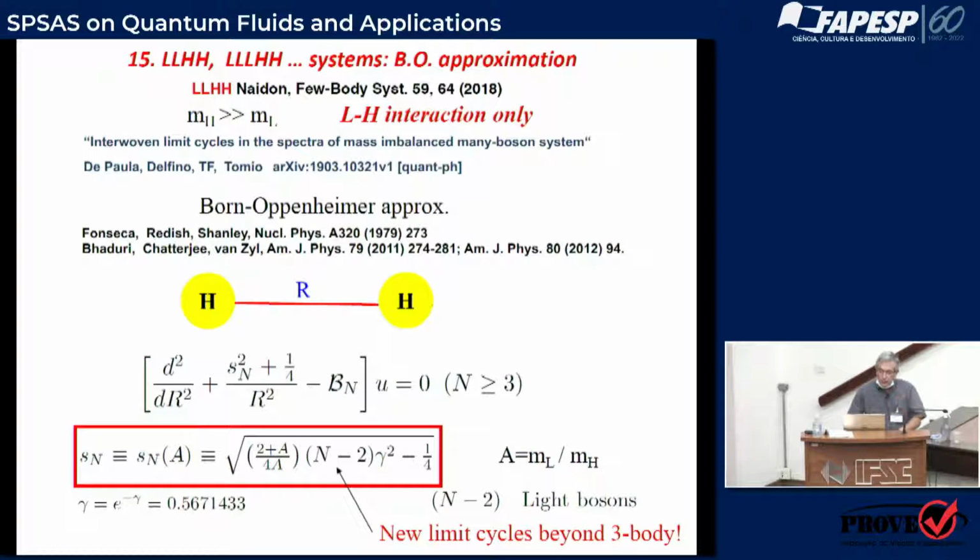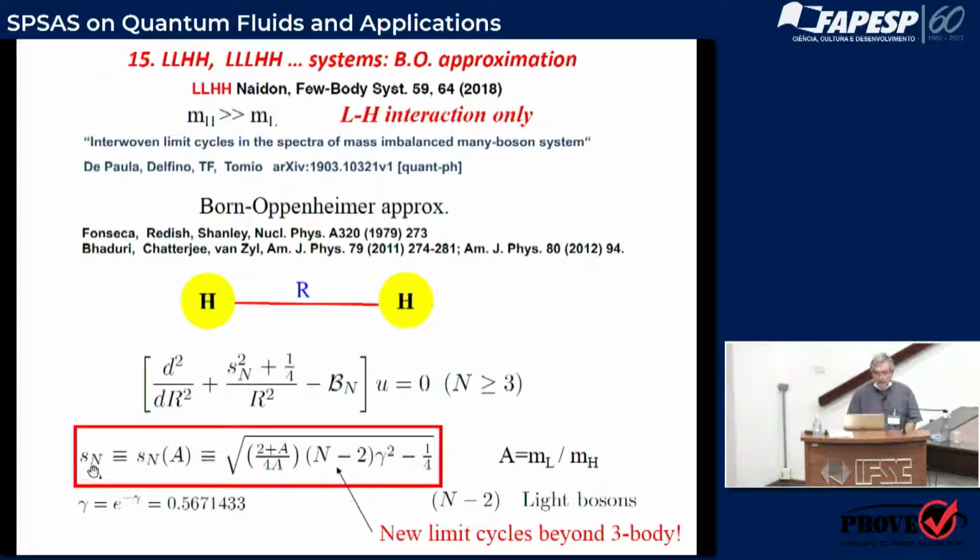Okay, so we looked at, again, this problem in the Born-Oppenheimer approximation. So two heavy and many light particles, many light bosons. So what happens? This is the Born-Oppenheimer equation for the heavy particle. And then essentially, when we increase the number of light particles, the strength of the 1/r² potential just scales.